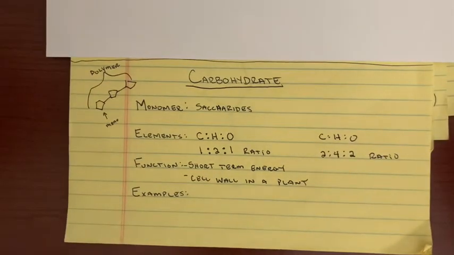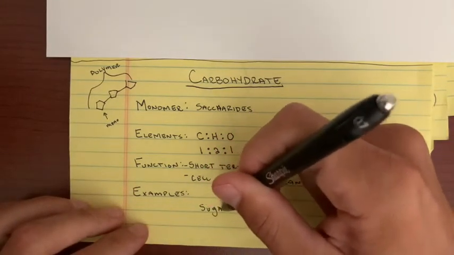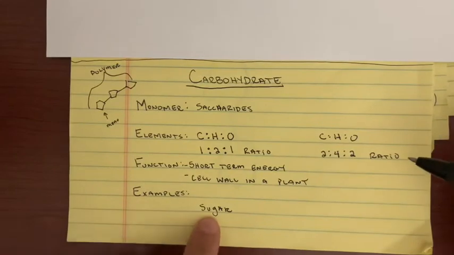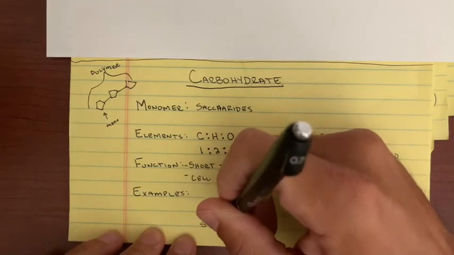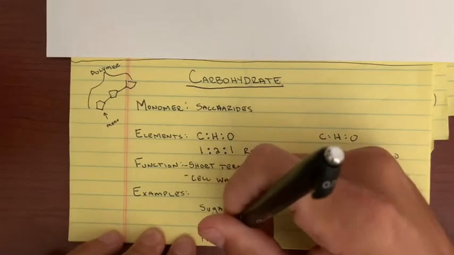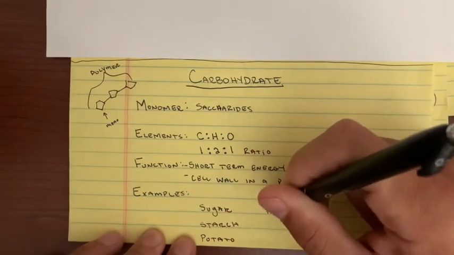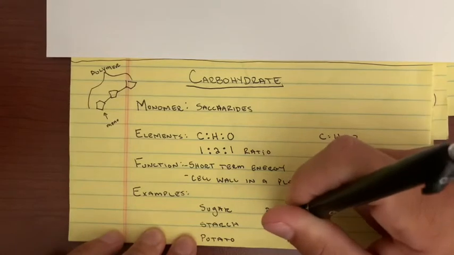Okay, and just a couple of examples of carbohydrates are sugar. That one's easy to remember because that is definitely short-term energy. Starch. And then your potato, your pasta, your bread.